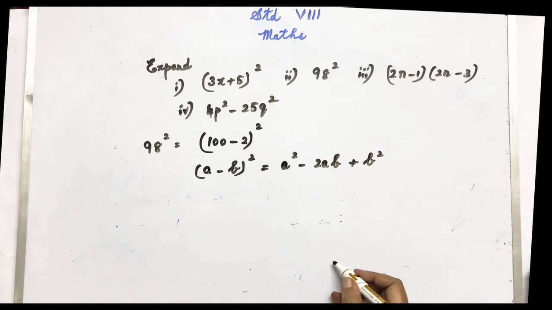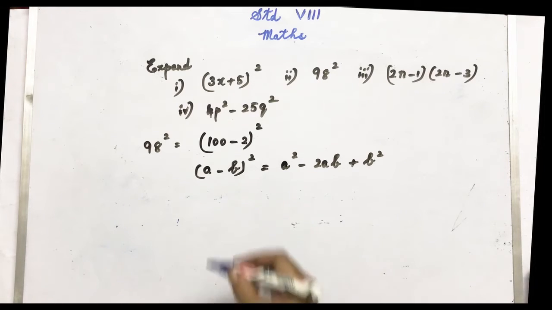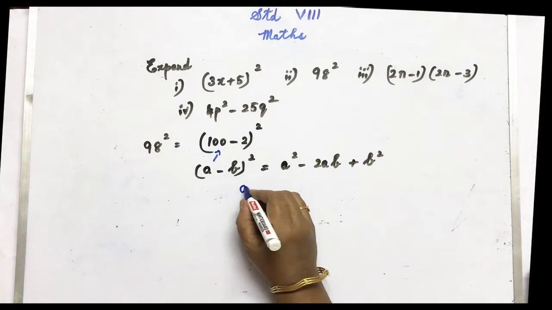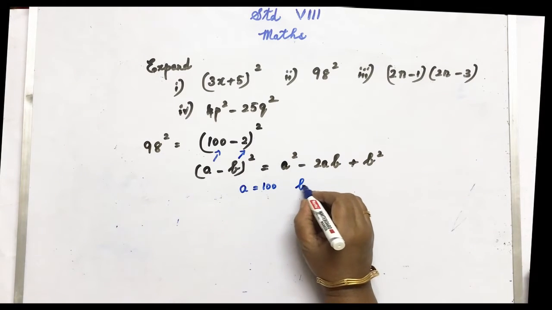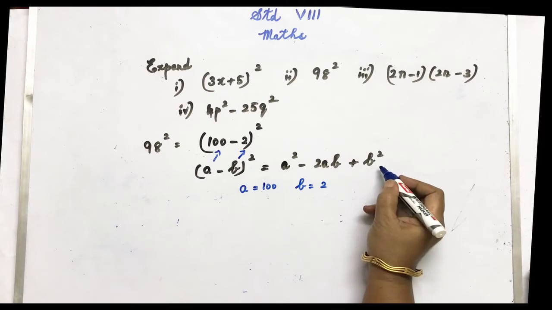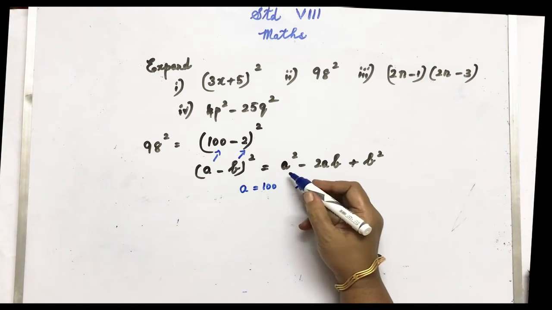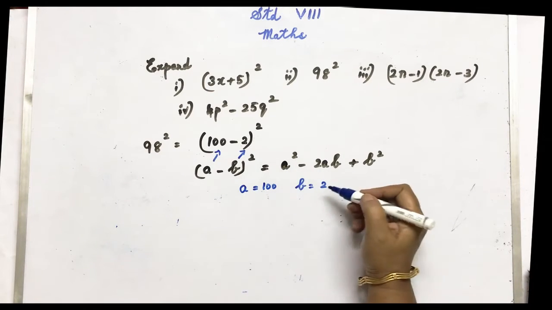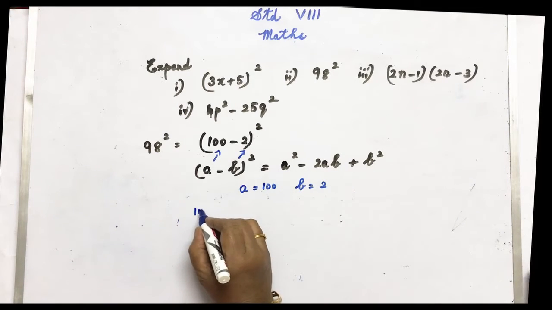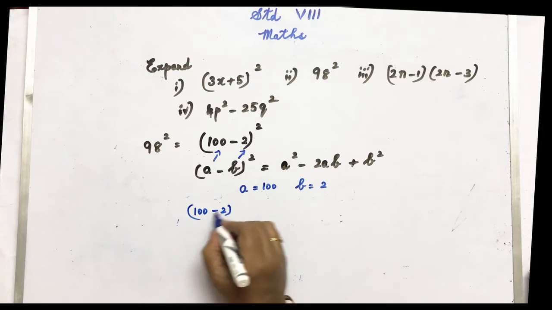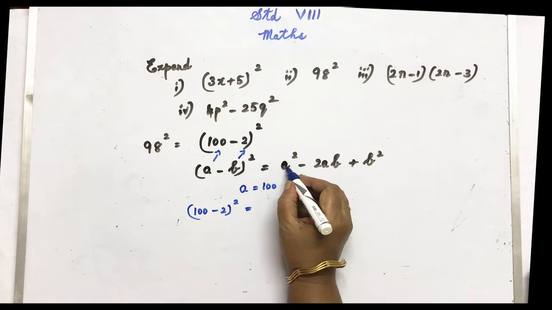Now we should compare and find out in the place of a what we have. In the place of a we are having 100 and in the place of b we have 2. So in this identity we have to replace 100 in the place of a and 2 in the place of b. So now (100 minus 2) whole squared is equal to, we have a squared.